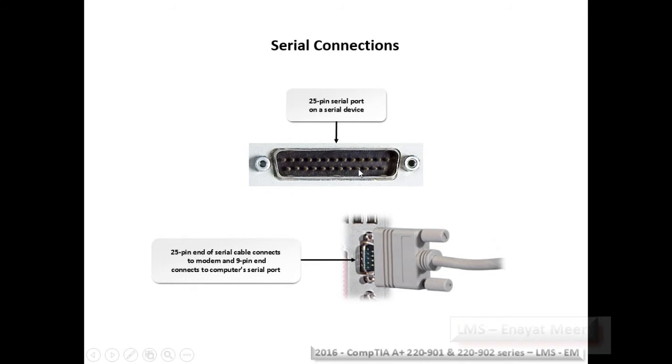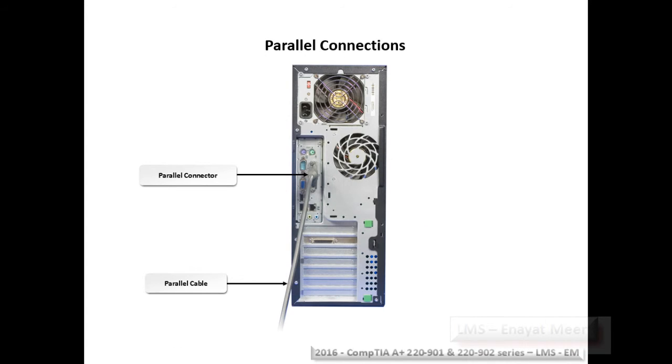One end, the other end could be 9 pin, DB9. The 25 pin end of the serial cable connects to the modem, and the 9 pin end connects to the computer's serial port. So now you may not see two built-in DB9 serial ports, but you are going to see a single one. And this is the connection for the printer parallel cable.